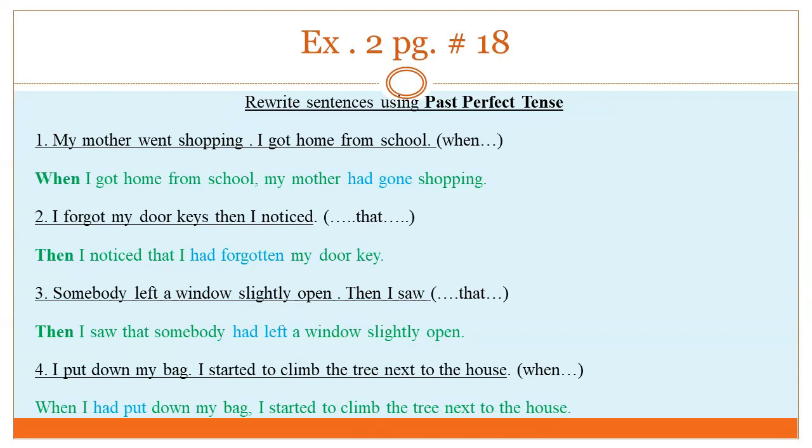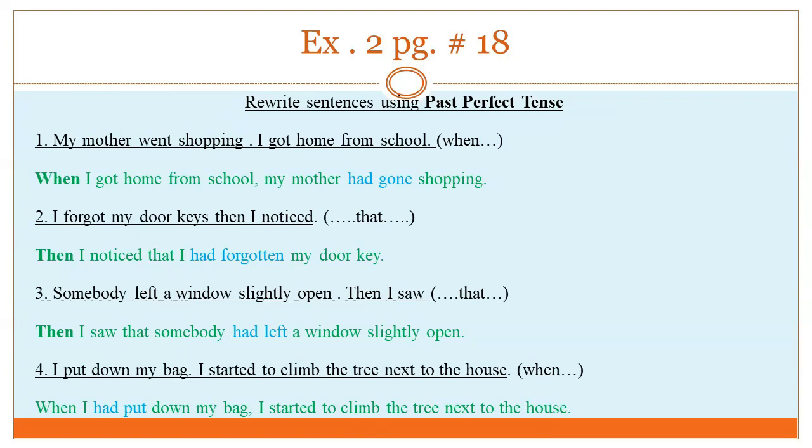We will write: then I saw that somebody had left the window slightly open. The event that happened later, the conjunction that, and the second part, somebody had left a window slightly open. You can see had left, had forgotten, had gone. These verbs are the past perfect tense. These two, auxiliary verb and main verb, are the main structure of past perfect tense.